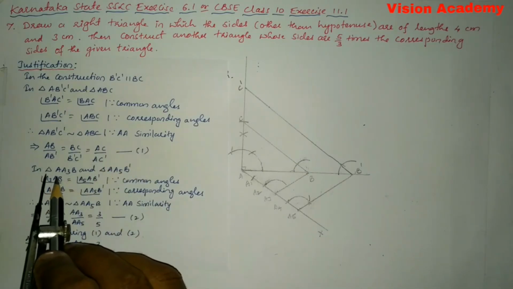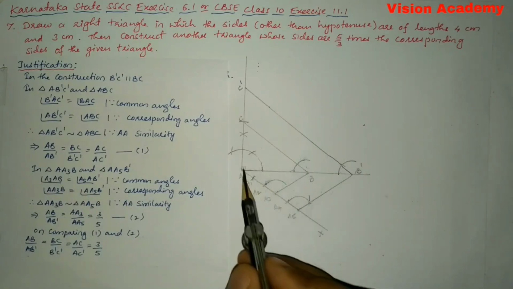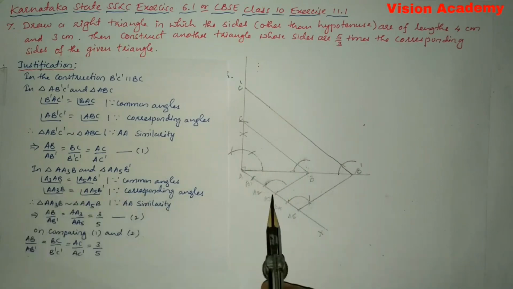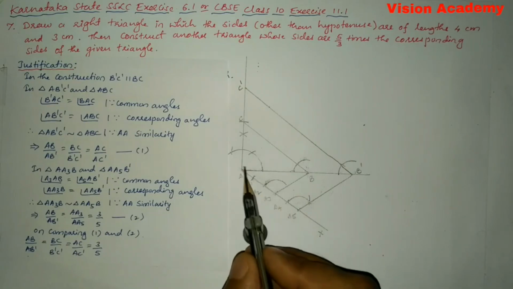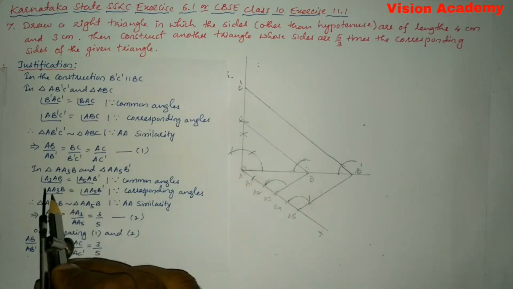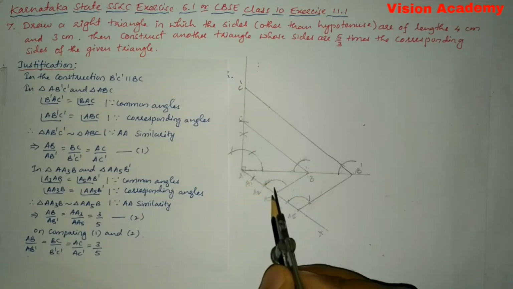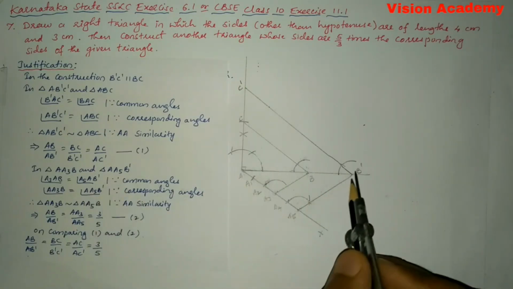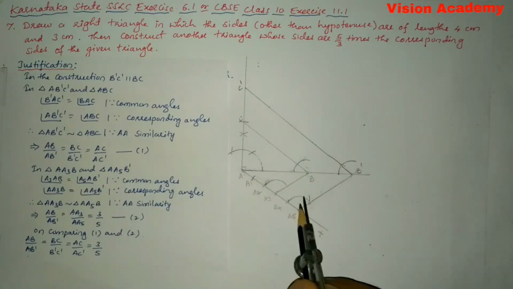In triangles AA3B and AA5B dash, angle A3AB is equal to angle A5AB dash because it is a common angle. Now angle AA3B and angle AA5B dash are equal because both of these angles are corresponding angles.